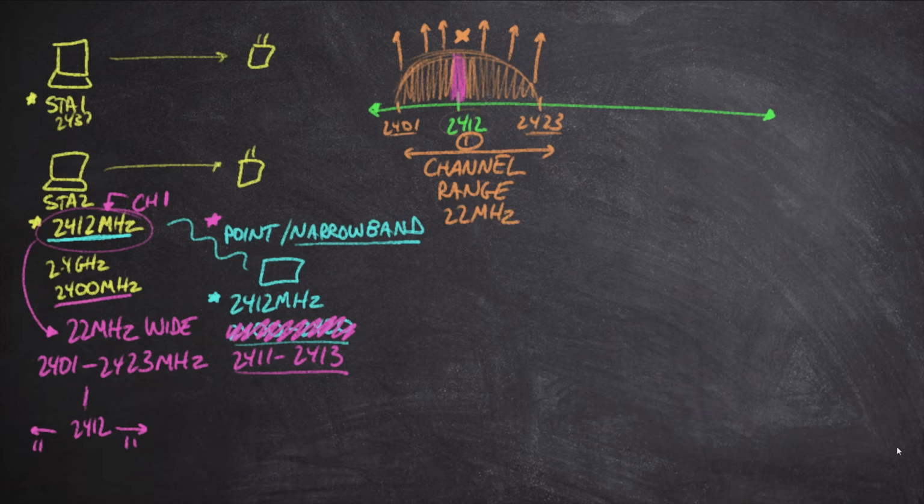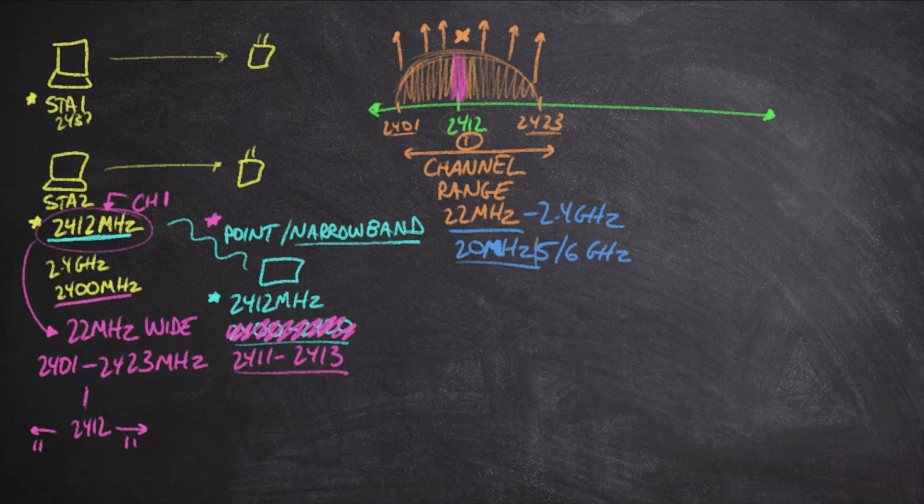In fact, in the Wi-Fi world, we're going to find that in the 2.4 gigahertz space, our channels are 22 megahertz wide. However, in our 5 and 6 gigahertz bands, these are going to be 20 megahertz channels. And for the most part, when you hear people talk about channels, you're going to hear them referred to as 20 megahertz channels.